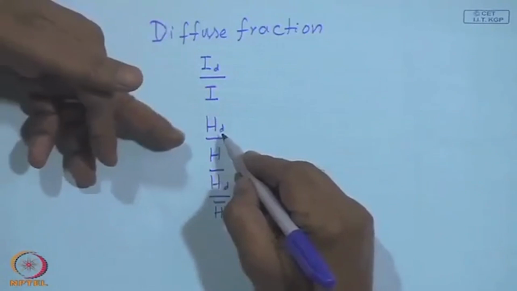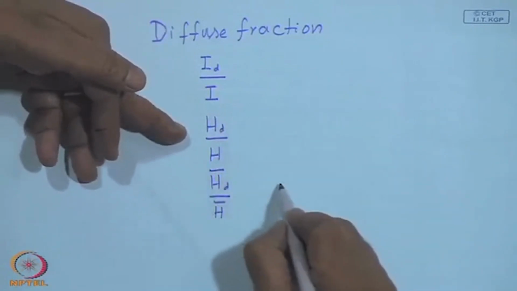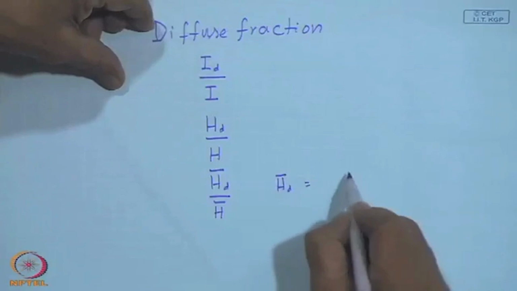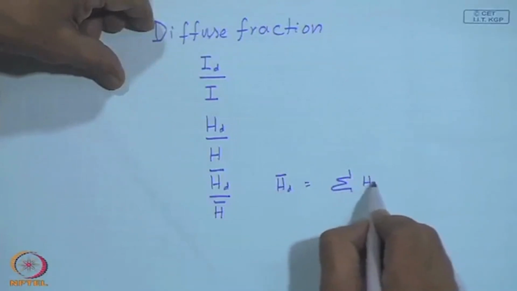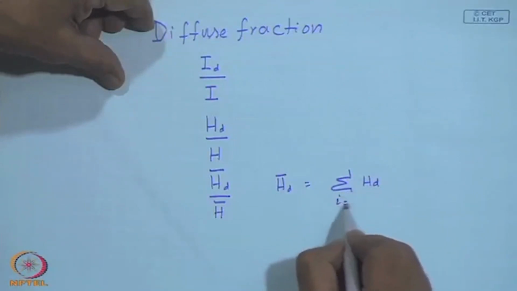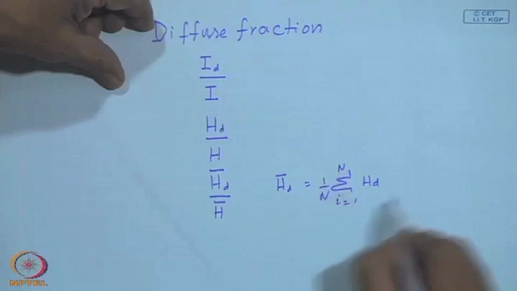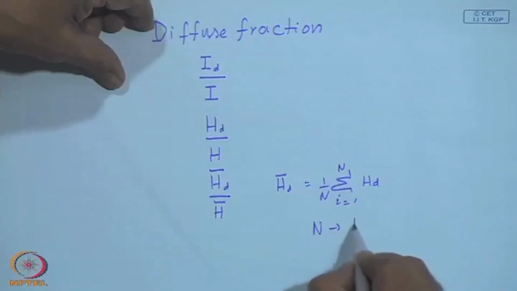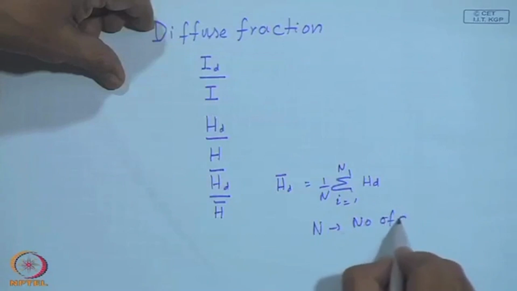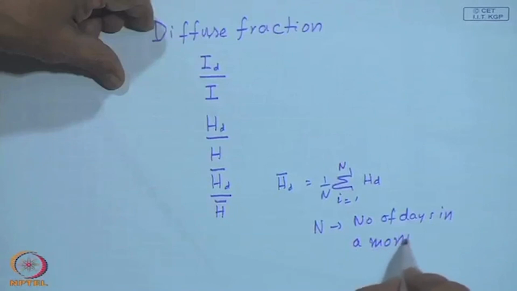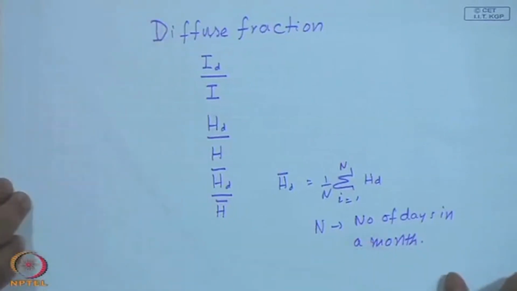So again you define similarly, for example, H_d bar is the average over the number of days in a month.